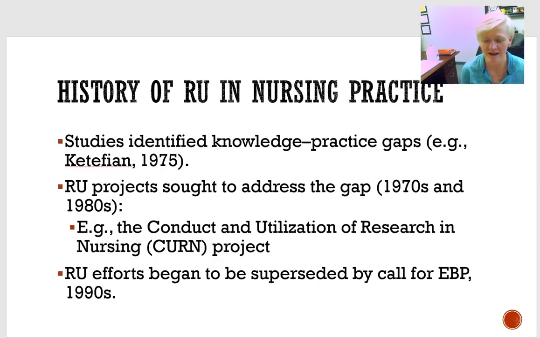And so they identified that there's a gap there, obviously. And so they started doing research utilization projects to address that gap. And they developed the Conducted Utilization of Research in Nursing project. And that was in the 70s. And all of those were just to try to close that theory practice gap. So that's kind of how things started.